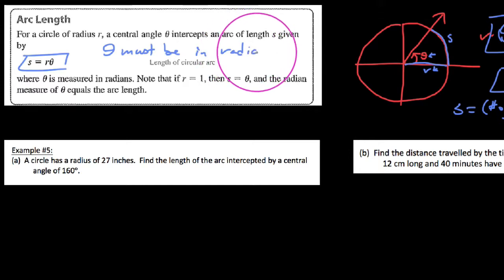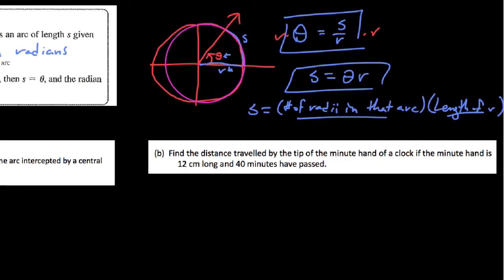If theta were in degrees, it wouldn't be effective at all, because when theta is in radians, it tells us how many times the radius fits into that arc length. So that's why this is effective in radians: we take the length of one radius and multiply by however many of those radii we have in that arc length.